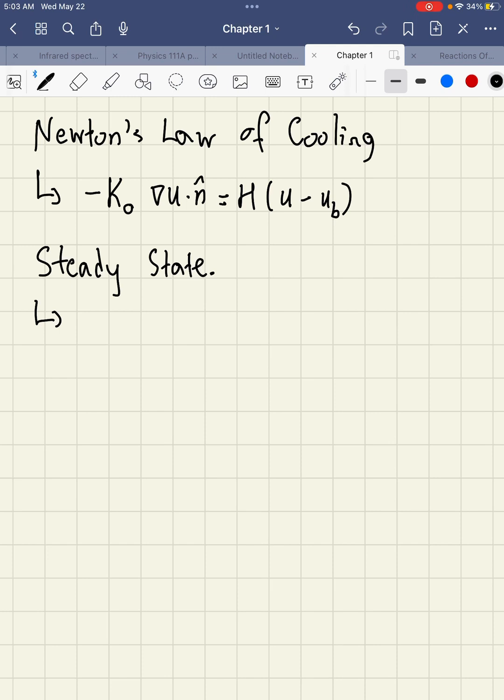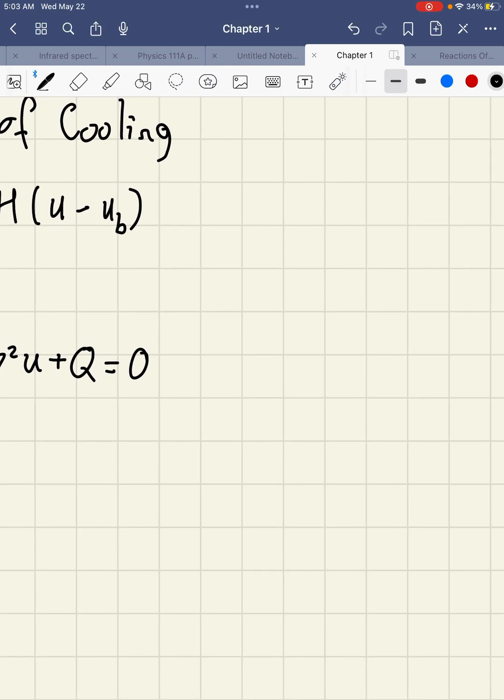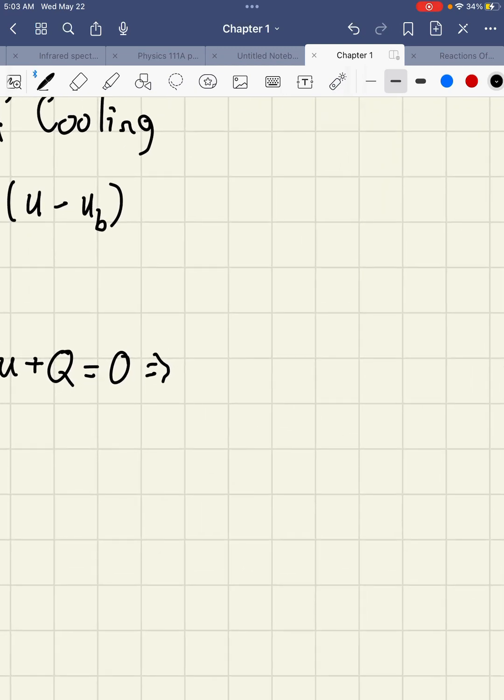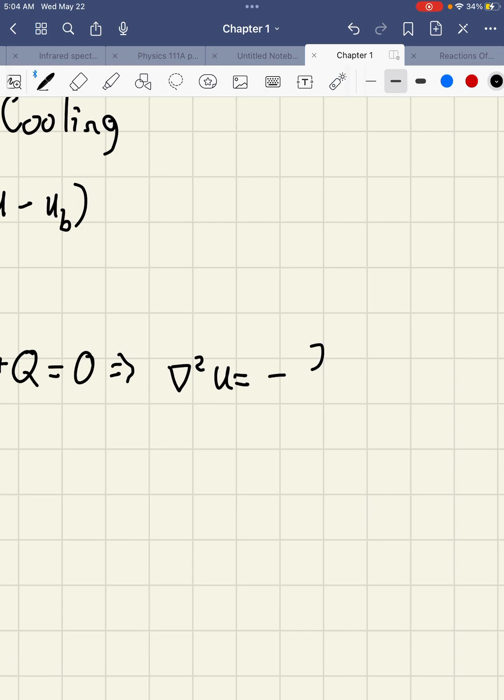So I can say that my partial u, partial t is equal to 0. Therefore, my k naught Laplacian of u plus q is equal to 0. And therefore, if I solve it, I get my Laplacian of u is equal to negative q over k naught.